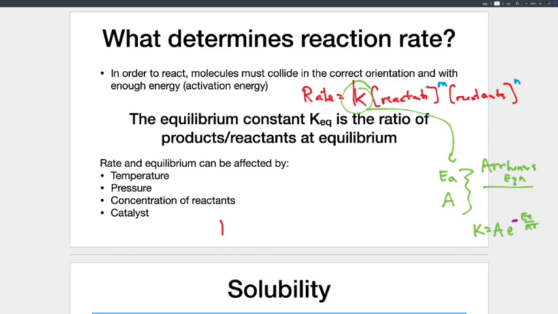Okay, how does KEQ come into play? What is KEQ? Okay, it's our products over the reactants. Okay, within that, you can see exponents show up. Those exponents, little p and little r, would be the coefficients from the balanced equation.